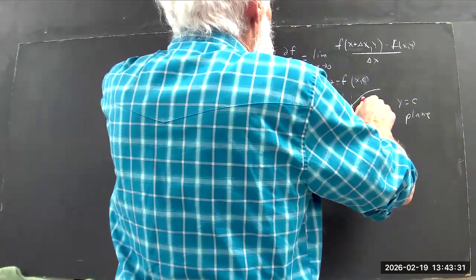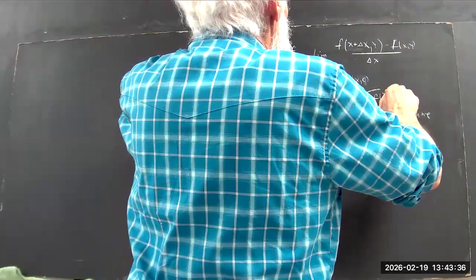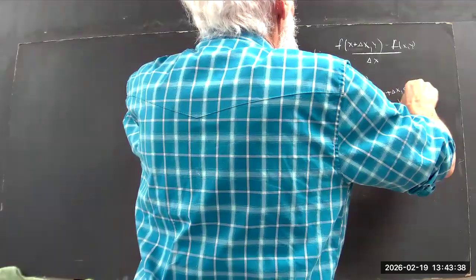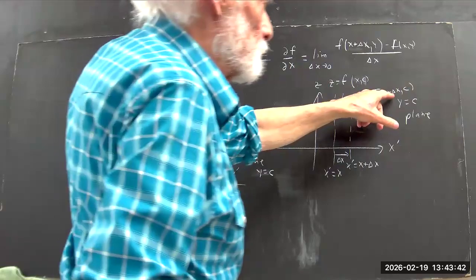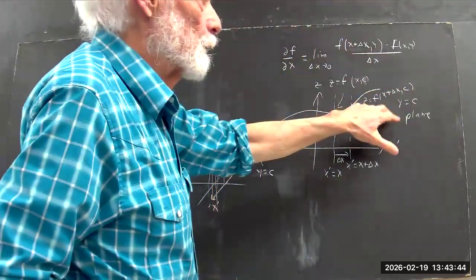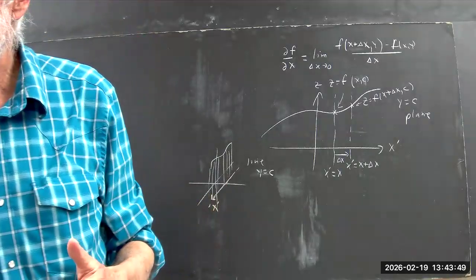Then at this point, z equals f of (x plus delta x, C), where C is whatever y happens to be in this plane.